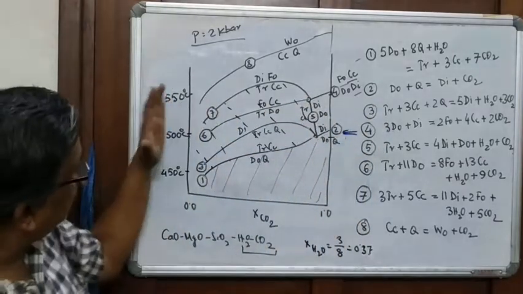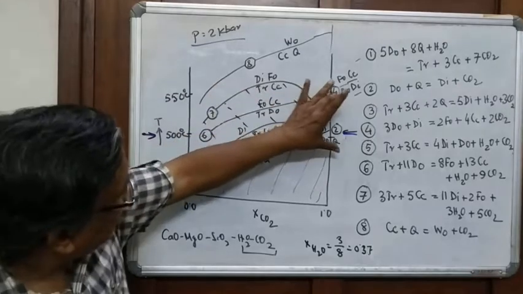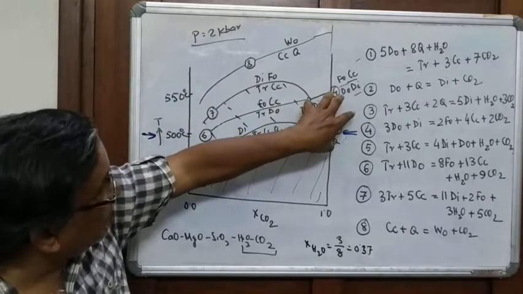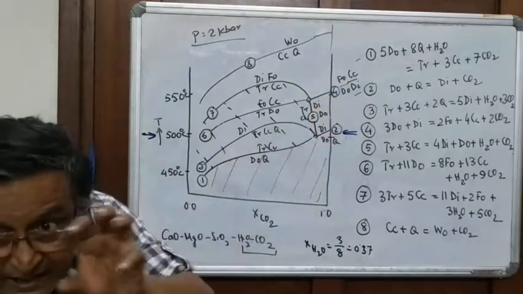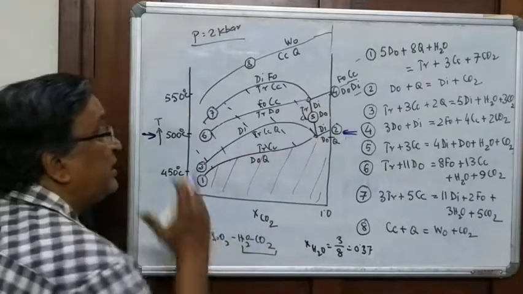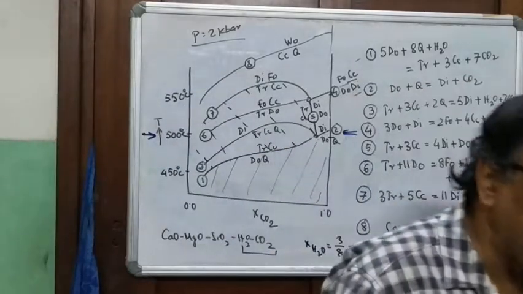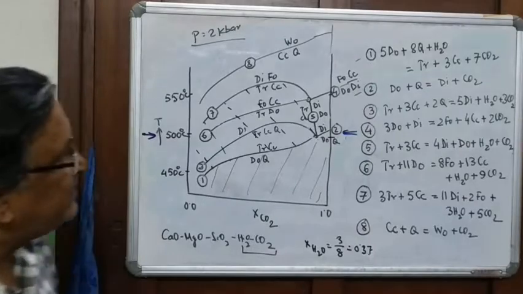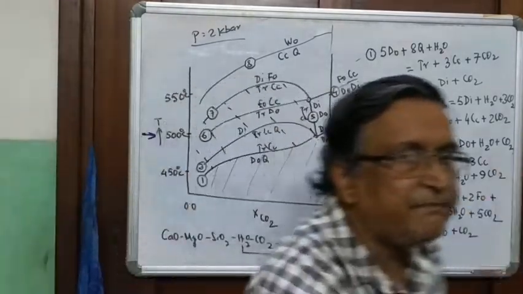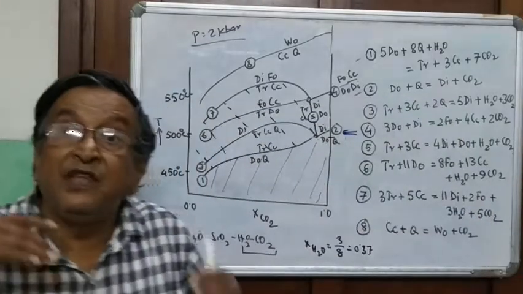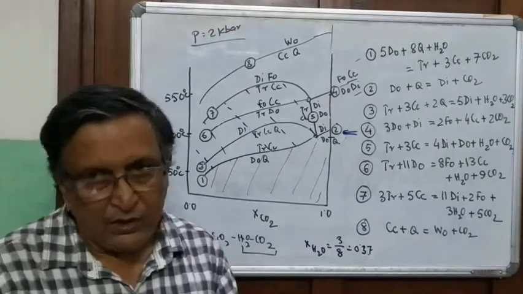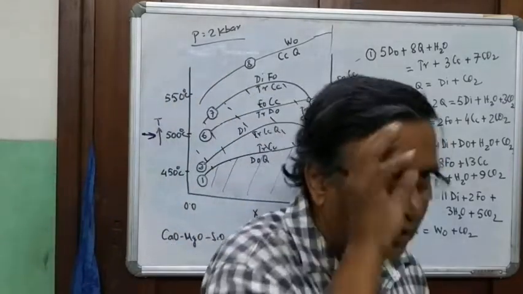If you take the same temperature range, at high CO2 conditions, dolomite plus diopside bearing assemblages become important, but on this side tremolite bearing assemblages are important. And this variation has got nothing to do with the change in temperature. This is because of the CO2 conditions of the rock.